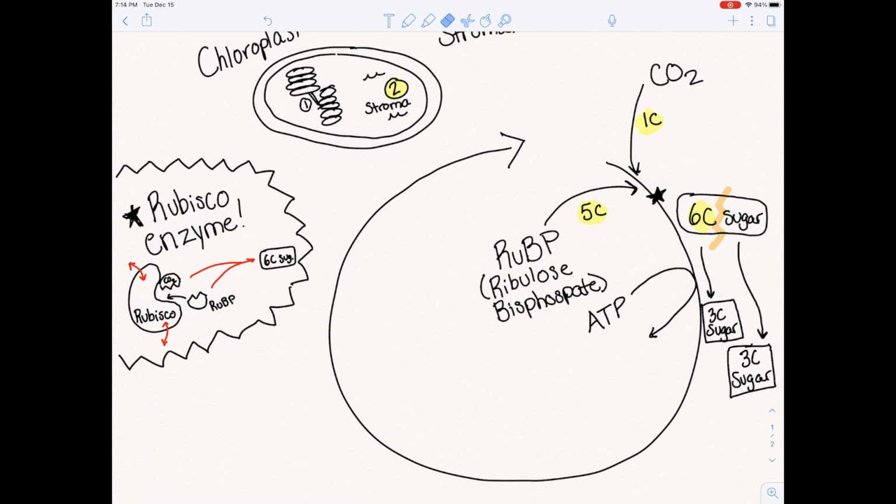That energy that is released is used to break the 6-carbon sugar literally in half, because now we have a 3-carbon sugar and another 3-carbon sugar. So 3 carbons plus 3 carbons equals 6 carbons. And now that ATP has become ADP.